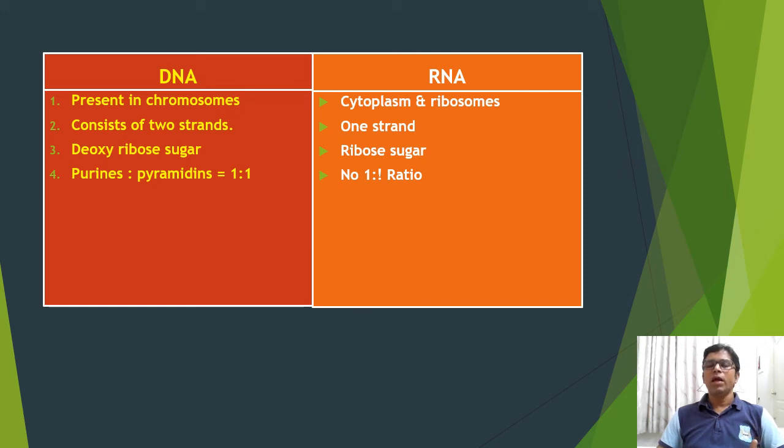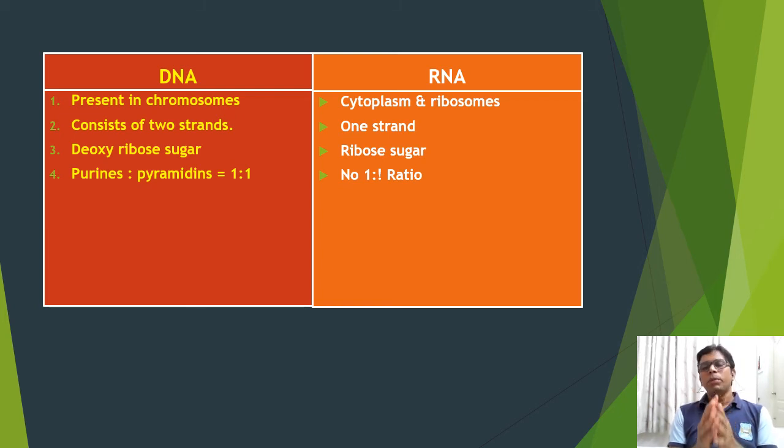Whereas in DNA, adenine always pairs with thymine and vice versa. Guanine always pairs with cytosine and vice versa. As a result, purines and pyrimidines are present in equal proportion.